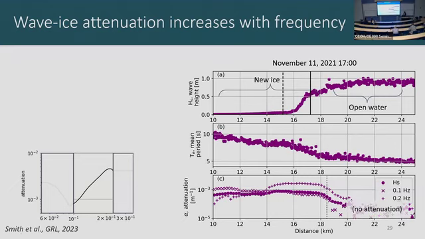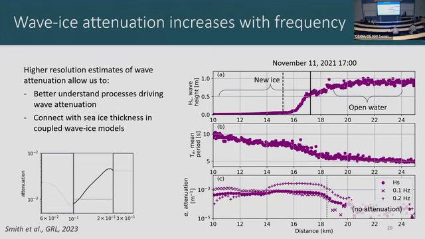Yeah, anyways, this is the thing that I think is super cool and I'm super excited about, to have this type of spatial resolution also over time, where we have this temporal data of this type of evolution. It really opens a lot of doors for us to get into better process understanding of wave ice interactions and what's driving wave attenuation.